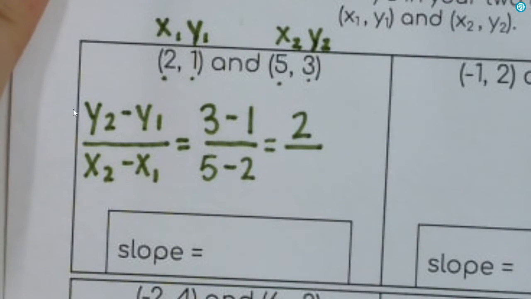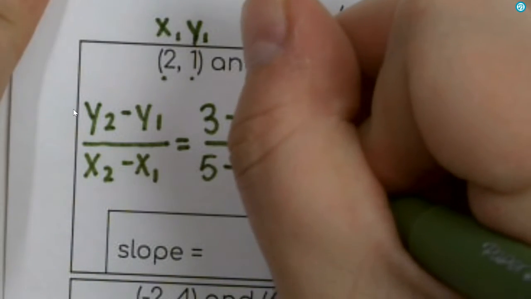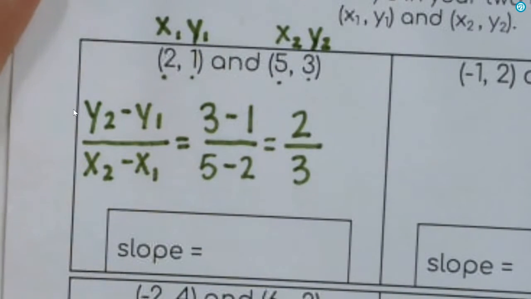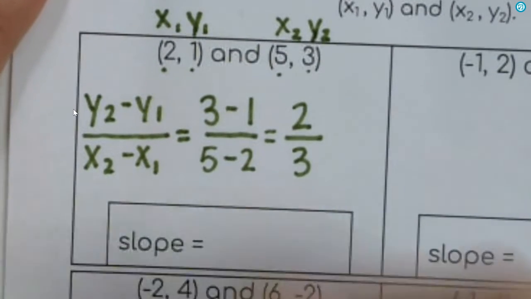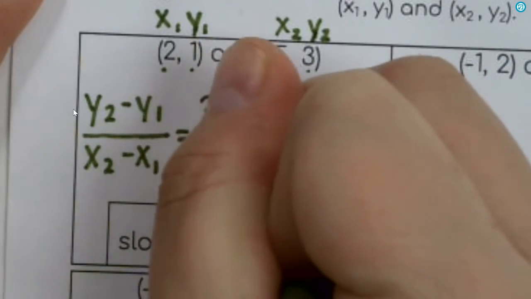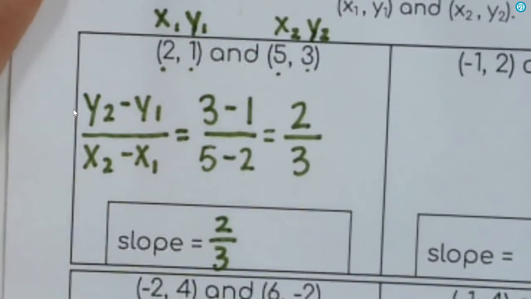On bottom we have 5 minus 2, which is 3. And so now our slope is 2 over 3. If we could simplify that at all, we would need to. This one can't simplify at all, so our answer is just 2 over 3. That's our final answer.